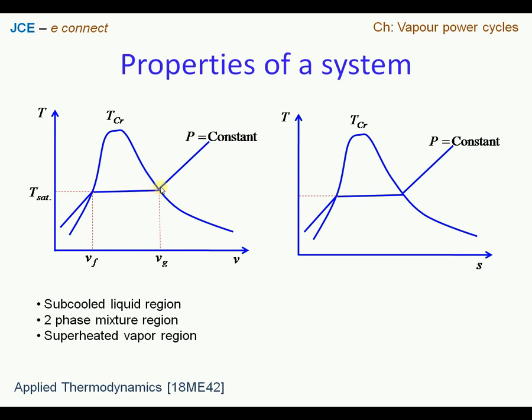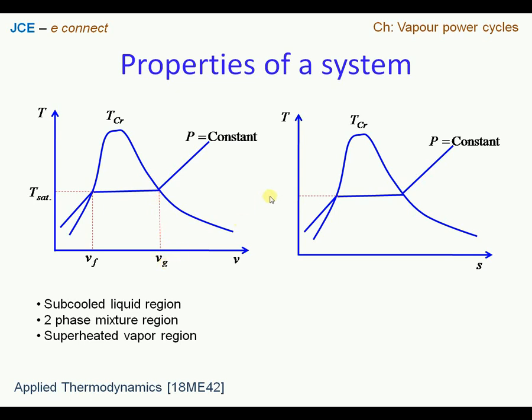Therefore this is the dry saturated point, whereas this point is called the saturated liquid point. All the data extracted at this saturated liquid point is called saturated liquid data. Similarly, all the data points extracted at dry saturated conditions are called saturated dry data.